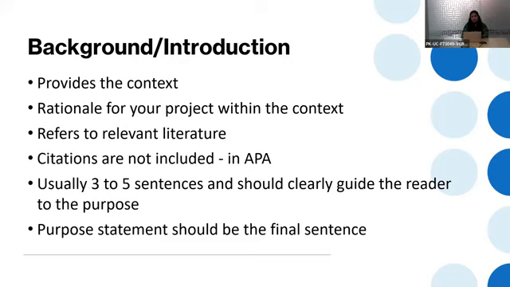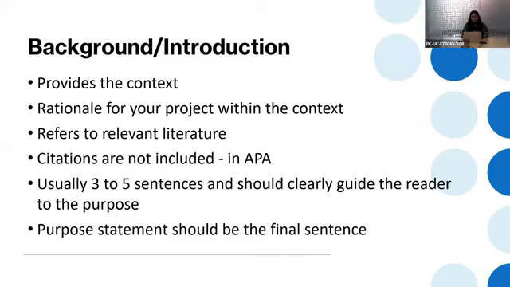It should be very well knitted in a story form, but it should not be more than 3 to 5 sentences, right? So within 3 to 5 sentences, you explain to your reviewer why you have done this study, what was so important that you have done this study, amid all the existing literature that was available, how your study is important.